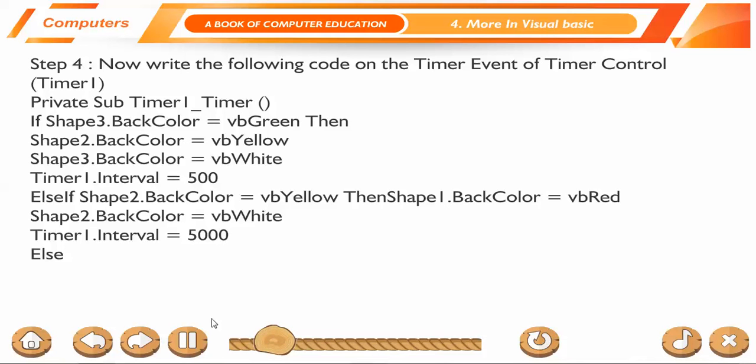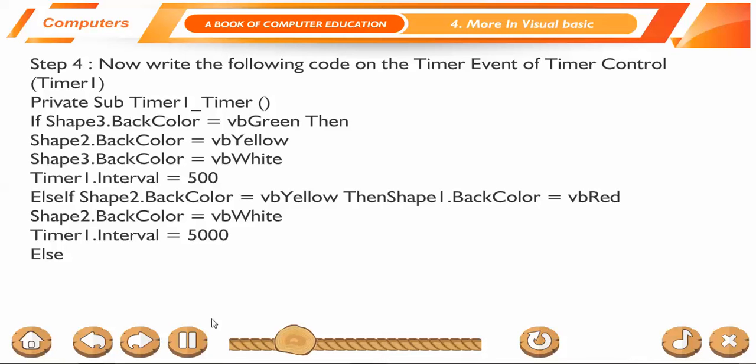Private Sub Timer1_Timer. If Shape3.BackColor equals vbGreen, then Shape2.BackColor equals vbYellow, Shape3.BackColor equals vbWhite, Timer1.Interval equals 500.